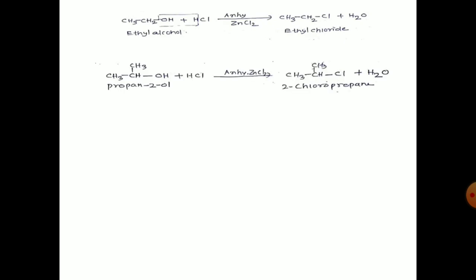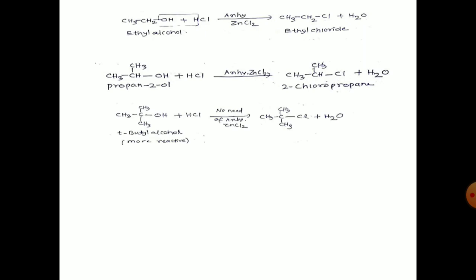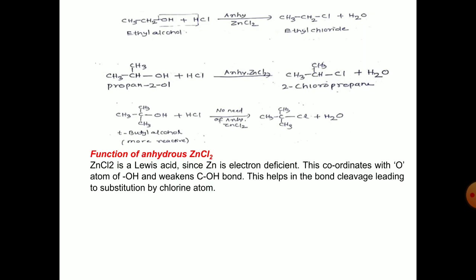So, propan-2-ol or isopropyl alcohol when reacting with HCl and anhydrous ZnCl2 gives 2-chloropropane or isopropyl chloride plus water. Similarly, tertiary butyl alcohol reacts with HCl where no anhydrous zinc chloride is required. Why? Because this is more reactive. 3-degree alcohol is more reactive, so no catalyst is needed here.